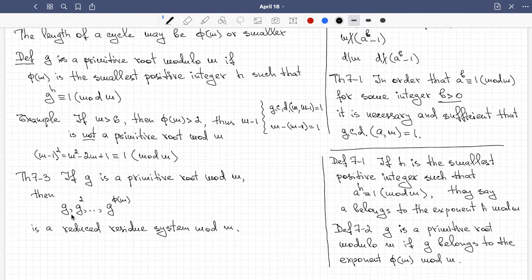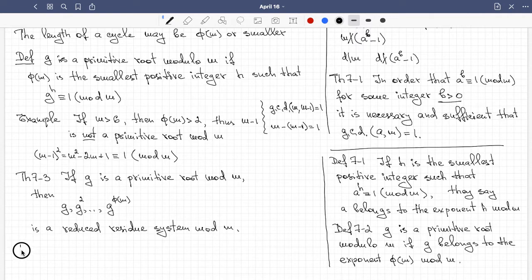It is, of course, but all residue classes are written uniformly as powers of one residue class, or one number if you want, which is a primitive root modulo M. So if we can choose a primitive root, we have a different and alternative description of the reduced residue system, which is much nicer than the previous one.